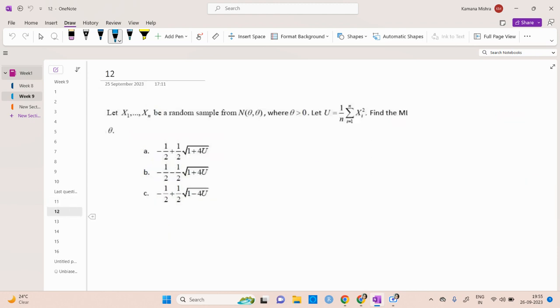Now the next question is that, okay, here also all you need to do is find the MLE. So this you can do on your own. So I'm going to go to the next question, or maybe we can do the other question in the next class.